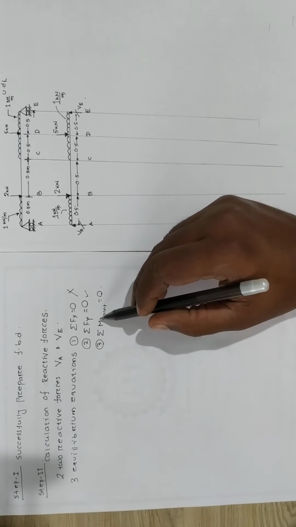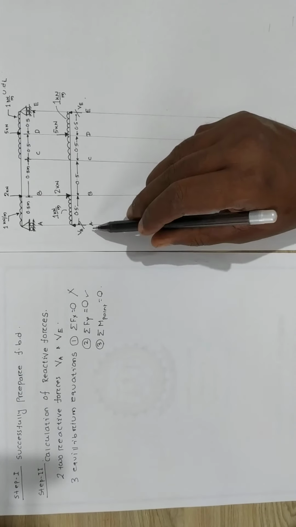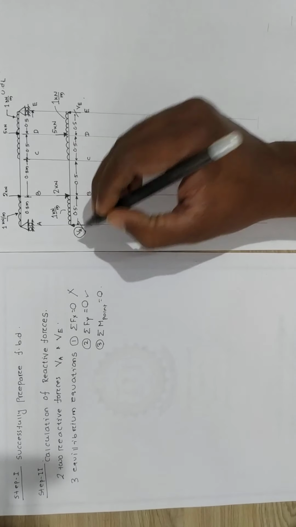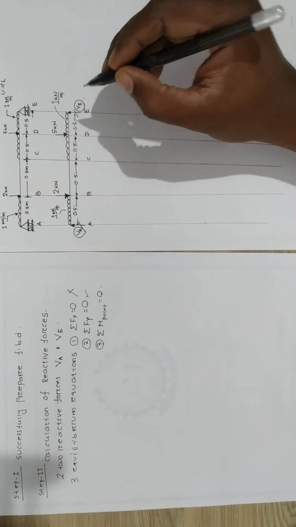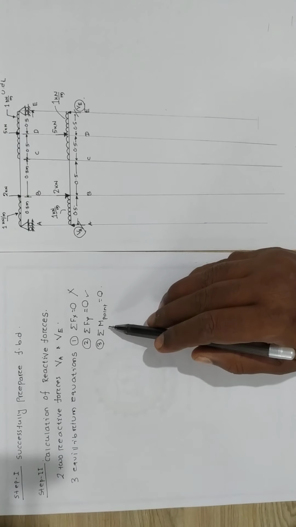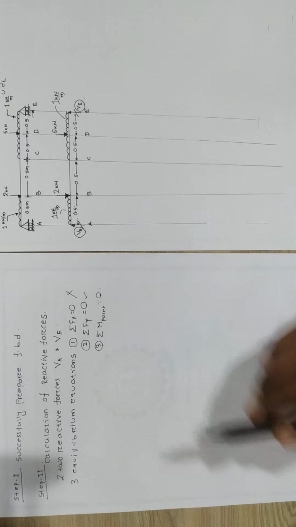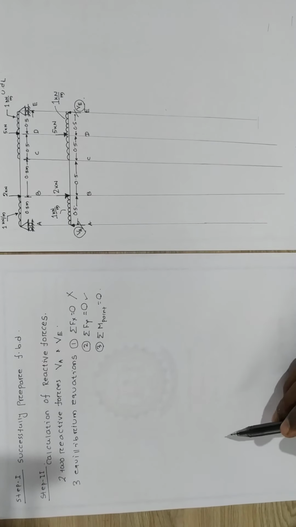The second equilibrium equation, we are coming across the summation of Fy. If we put summation of Fy here, there will be two unknowns, VA and VE. So better we will ask for the summation of moment about a point, then we will come back to the summation of vertical forces.